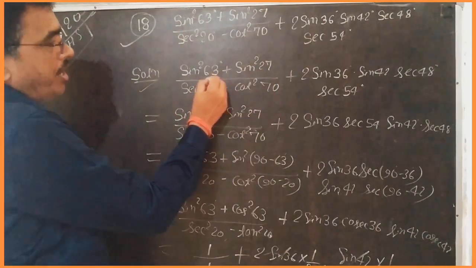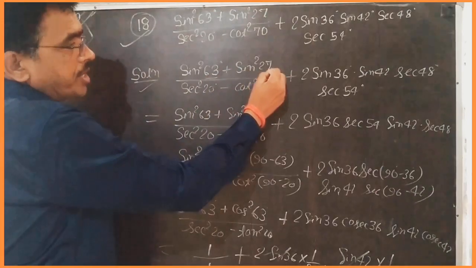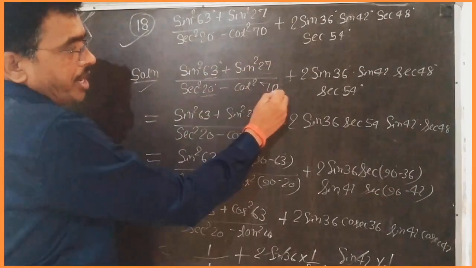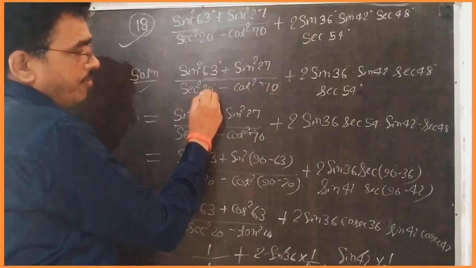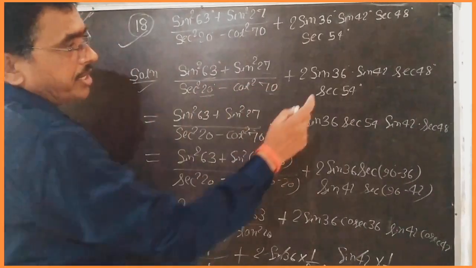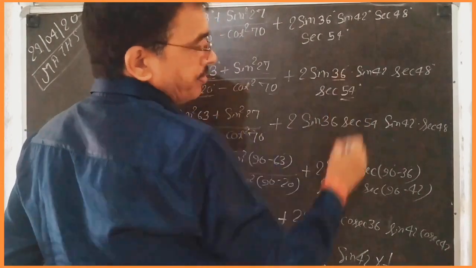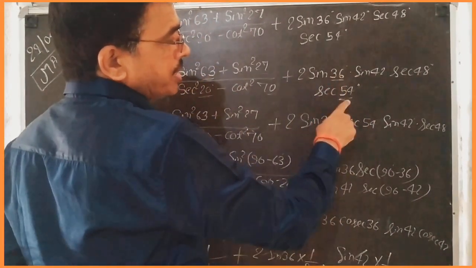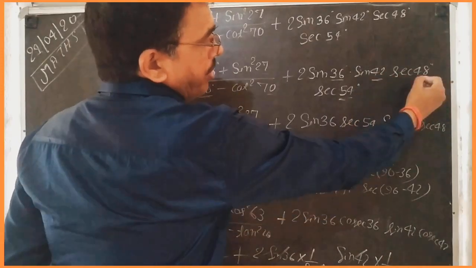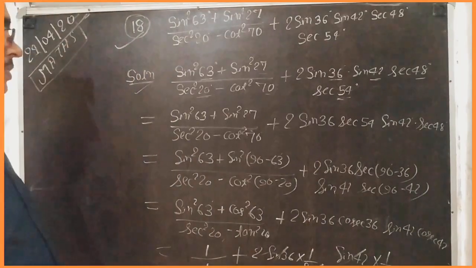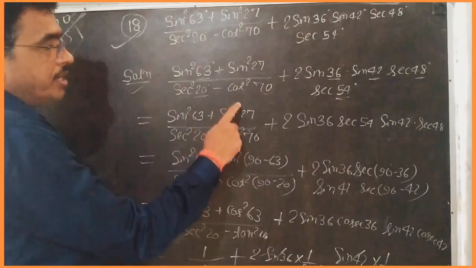Next, you find out this 63 and this 27 both are complement to each other. Similarly, here is 20, here is 70, both are complement. When you add, you get 90. Similarly, this side, you get here 36, then complement is 54, because the sum of these two angles is 90. Here is 42, here is 48. The sum of these two angles is 90.